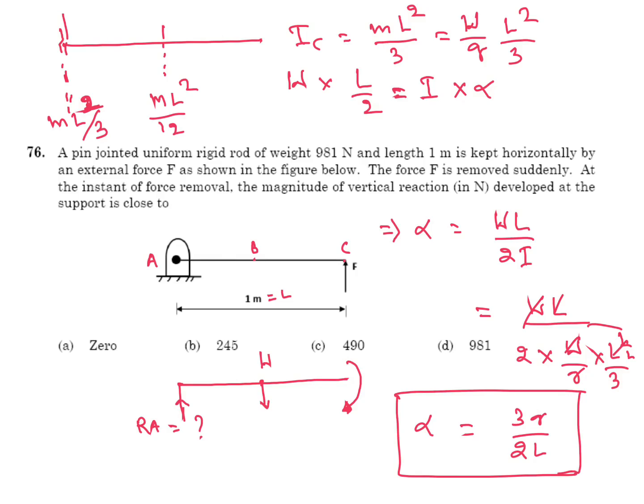Angular acceleration. We know linear acceleration a equals R into alpha. Here R is the radius, here distance is L by 2.